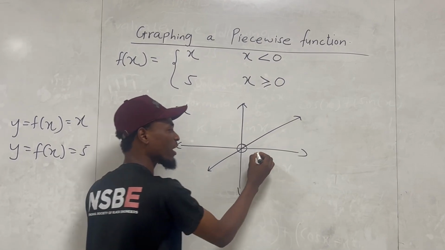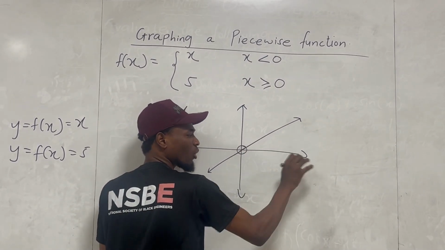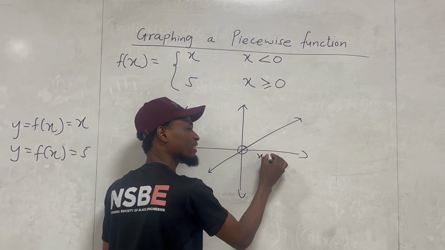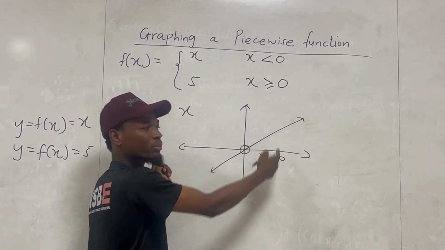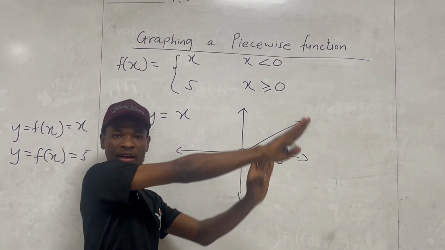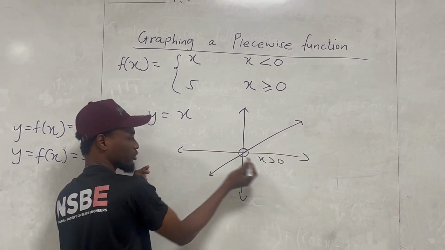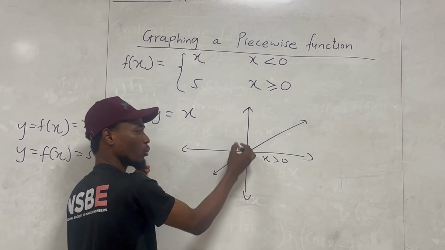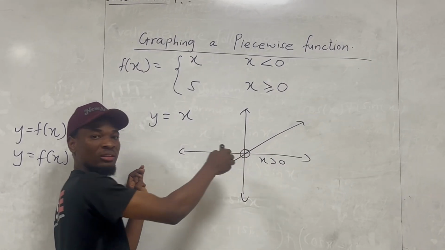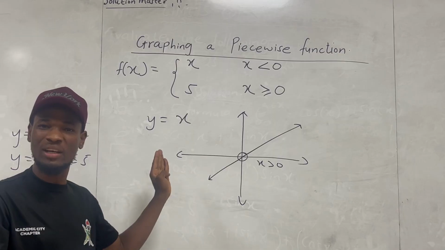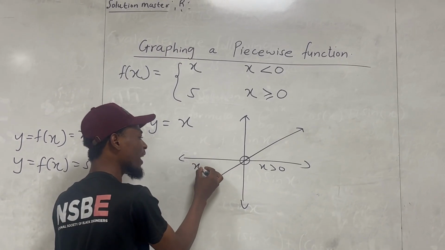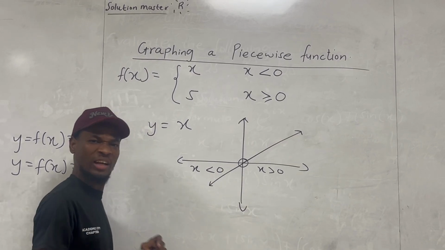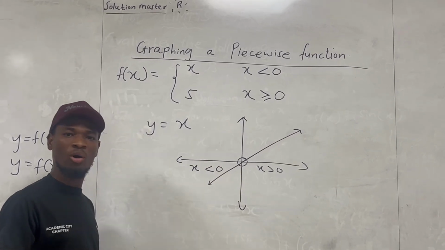When I move towards this direction, x is greater than 0. Once the origin is 0, this is 1, 2, 3, 4, and what have you. By this side we encounter the negative values. When you have a negative value, it means x is less than 0. In other words, 0 is greater than all the negative values.